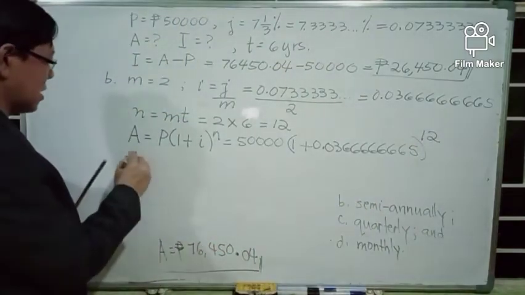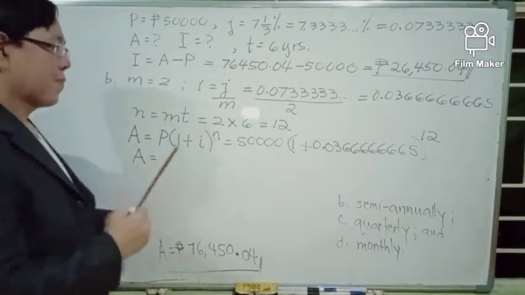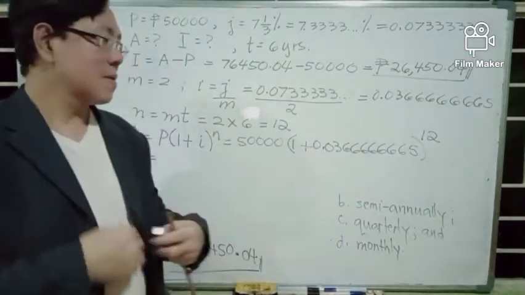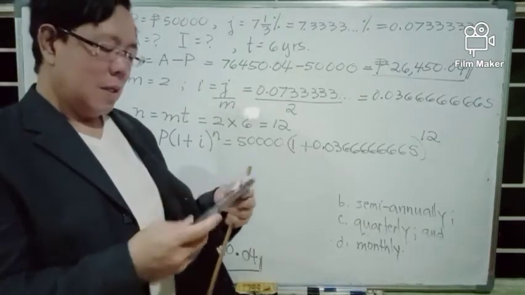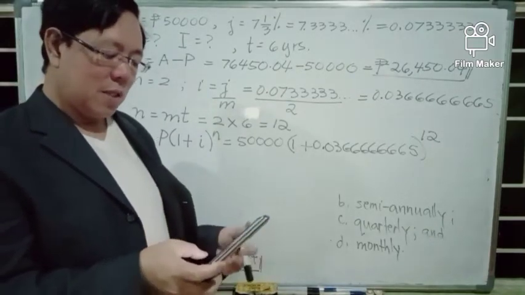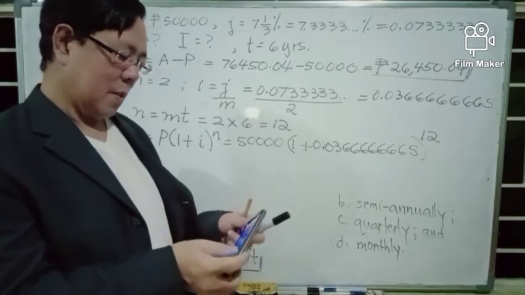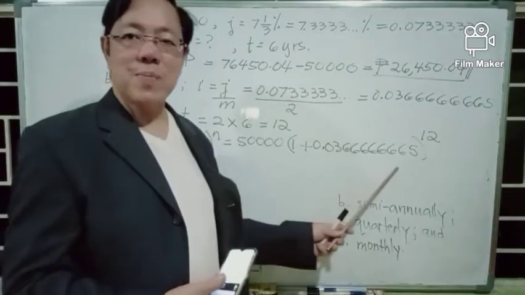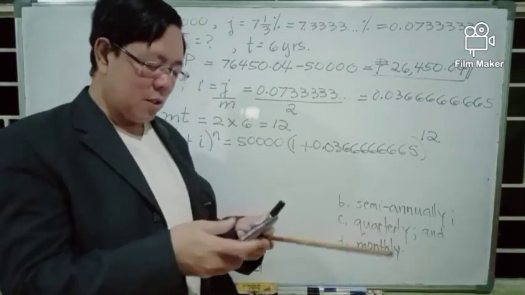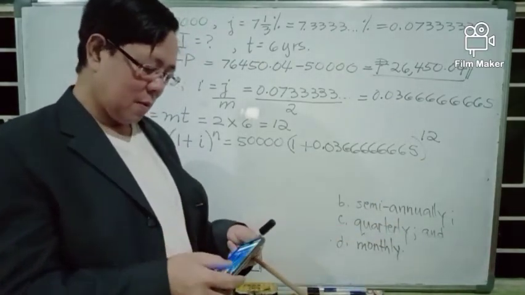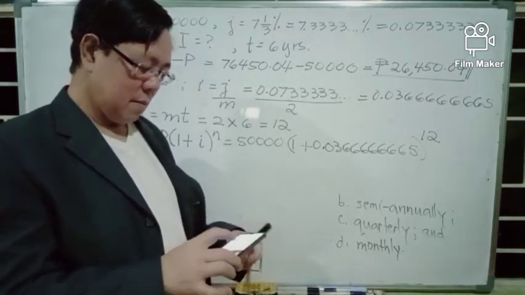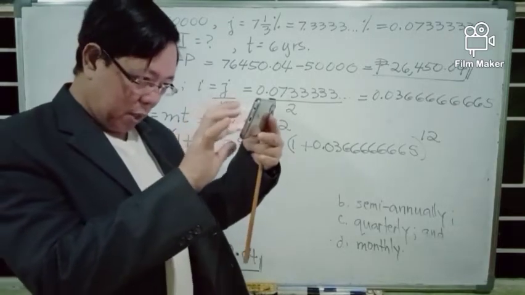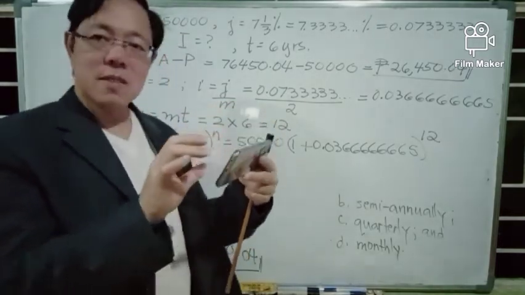Now, use again your calculator to compute this amount. You always start with the quantity in open close parentheses. 1 plus 0.03666.